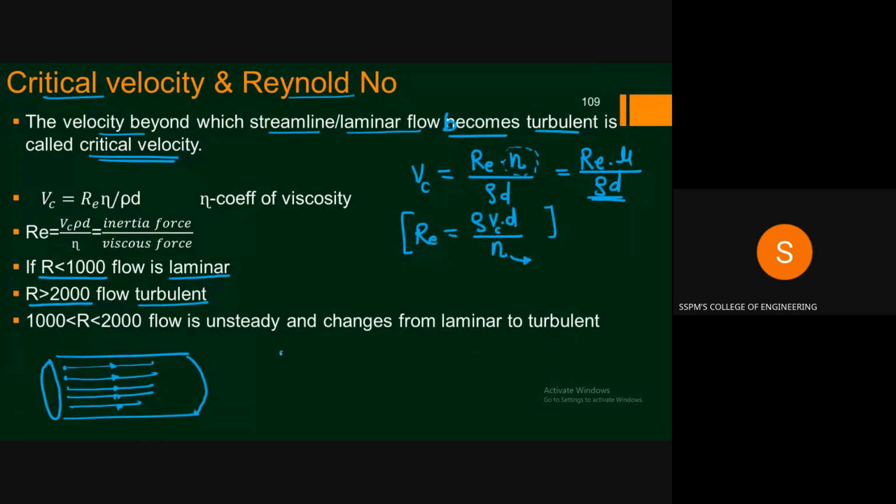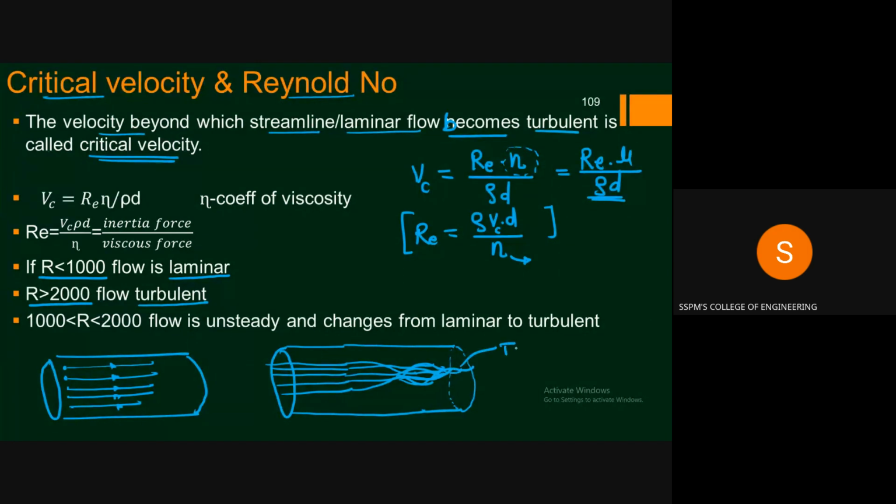Turbulent flow means the particles from one layer will mix into the other layer. Suppose this is the initial flow, which is perfectly laminar. Then after some time, you can see the flow like this. This type of flow, where the particles from one layer mix into the other layer, is called turbulence.